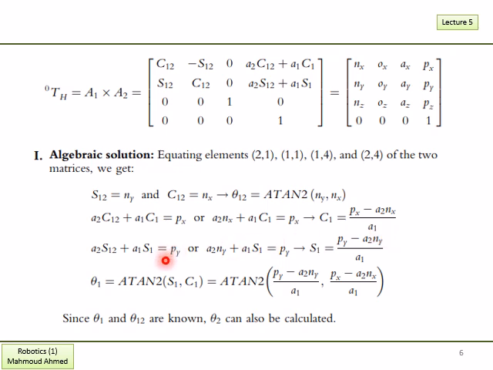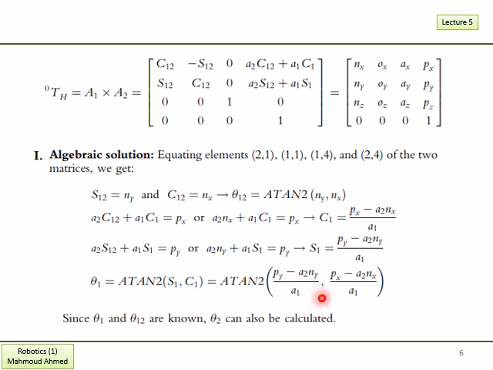Similarly, from element 2, 4, we can get sine theta 1, and in this way we have decoupled the angle theta 1 from theta 1 plus theta 2. By having cosine theta 1 and sine theta 1, we can get theta 1 as atan2 of sine theta 1 divided by cosine theta 1.